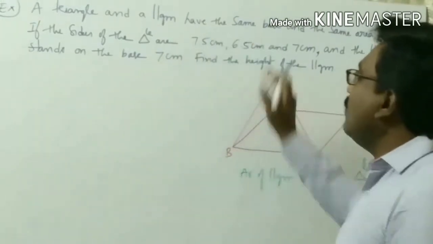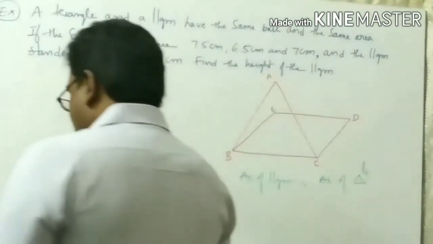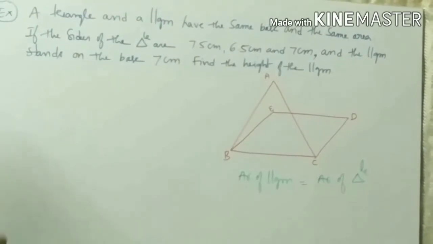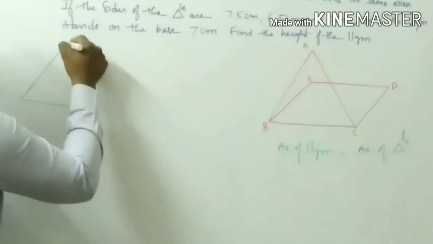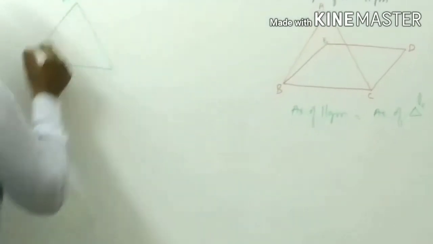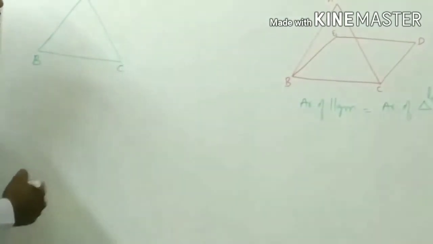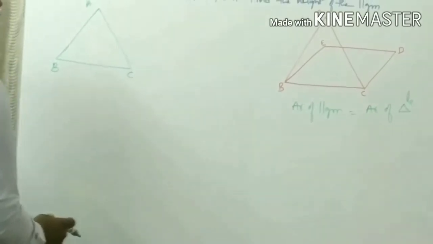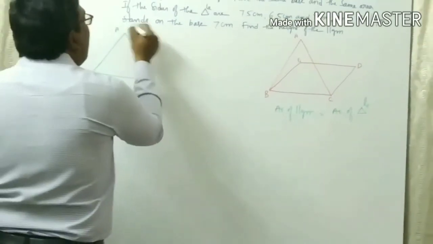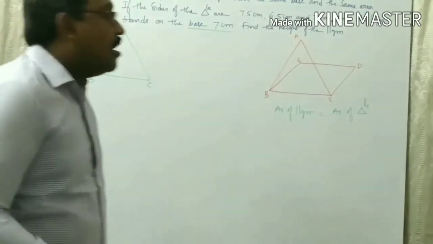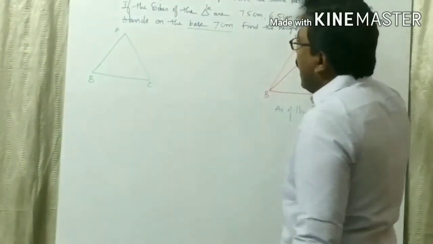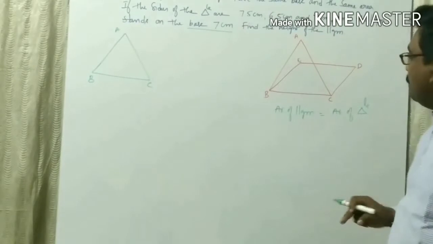Now, the sides of the triangle are given. I am taking the triangle separately. The sides of the triangle are A, B, C. Here clear information is given: the parallelogram stands on the base 7 centimeters.